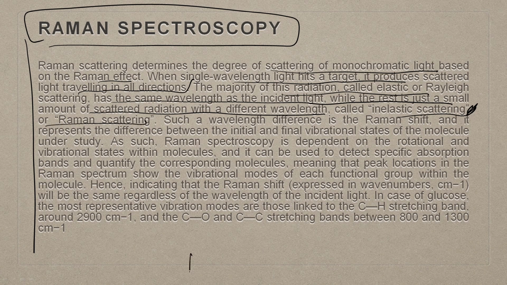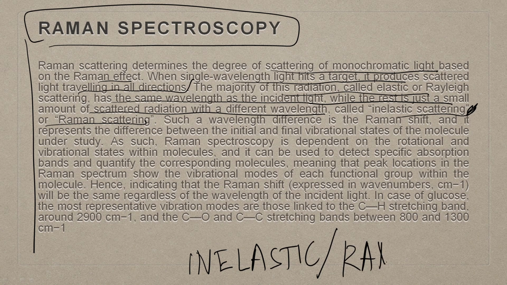So, we are talking about the inelastic or the Raman scattering. Such a wavelength difference is the Raman shift, and it represents the difference between the initial and the final vibrational state of the molecule under study.